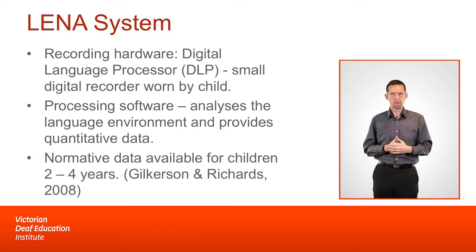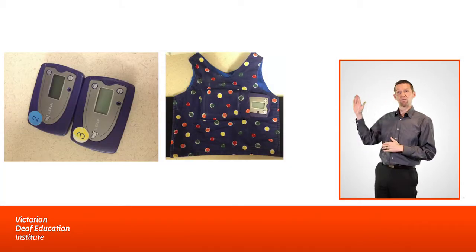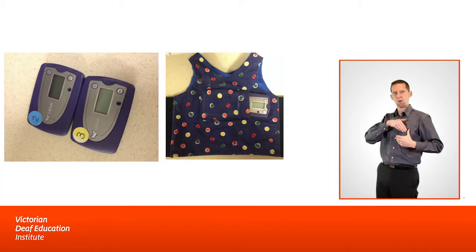And Gilkerson and Richards have provided normative data, and that normative data, I think, was collected on something like over 2,500 children. So they have age norms for typically developing children from age 2 months right up to 48 months that we can use to see what the language environment for our children looks like compared to the average child.